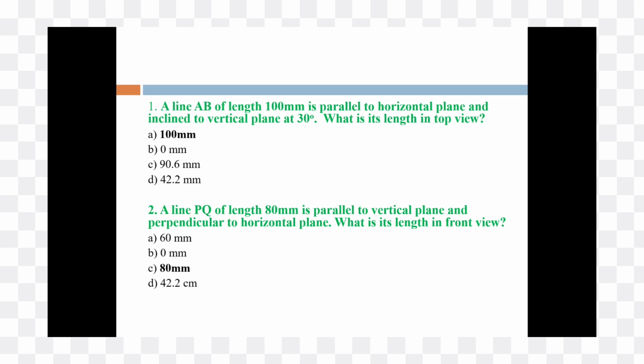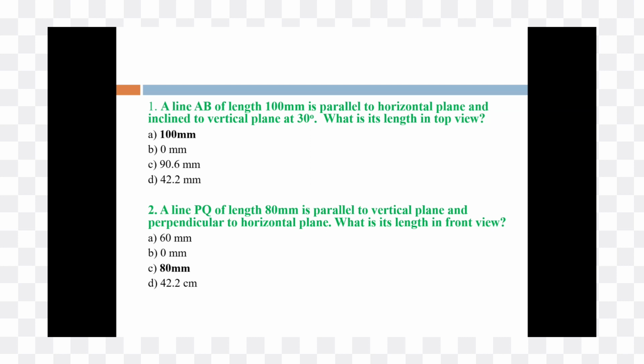Now we'll see the second. A line PQ of length 80 mm is parallel to the vertical plane and perpendicular to the horizontal plane. What is its length in the front view? First of all you should understand the question.